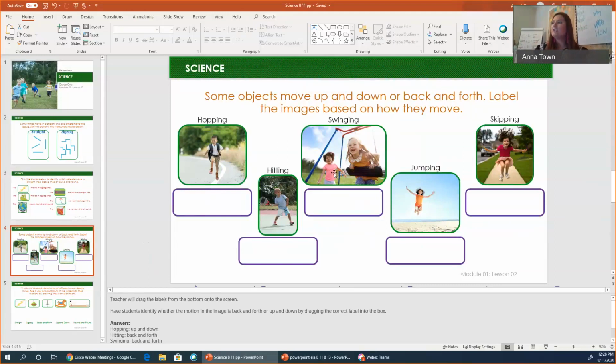Take a look at our picture here. Swinging is swinging up and down or back and forth. Swinging is back and forth. Good job. Okay, let's look at jumping. Are you ready? Jumping. Up and down or back and forth.